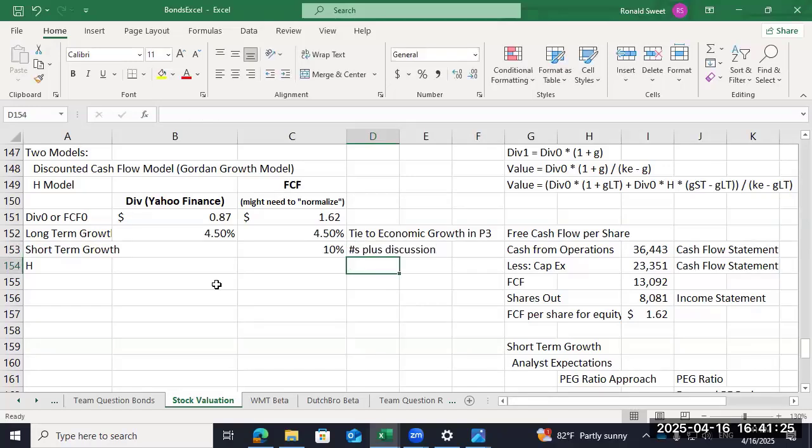So where does the discussion come in? Why would Walmart be growing really, really fast here? So some of it might be growth in the US. How much more growth in the US? So you could really get into this. You could certainly look at how many Walmarts there are in each state versus the population. It feels like 80,000 Walmarts in Texas, but I don't know how many there are.